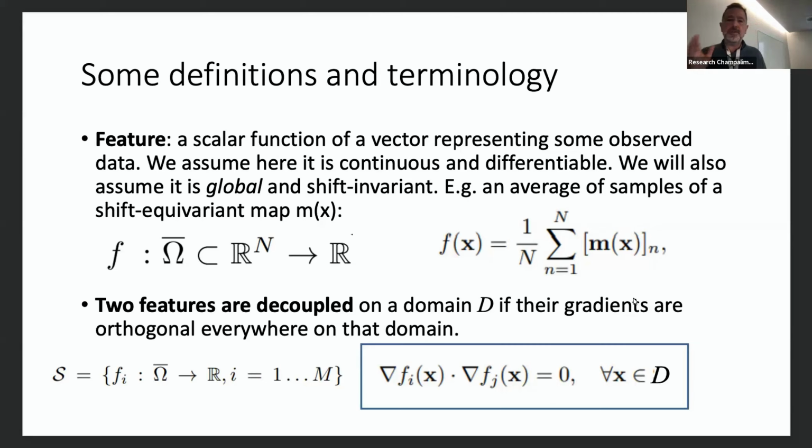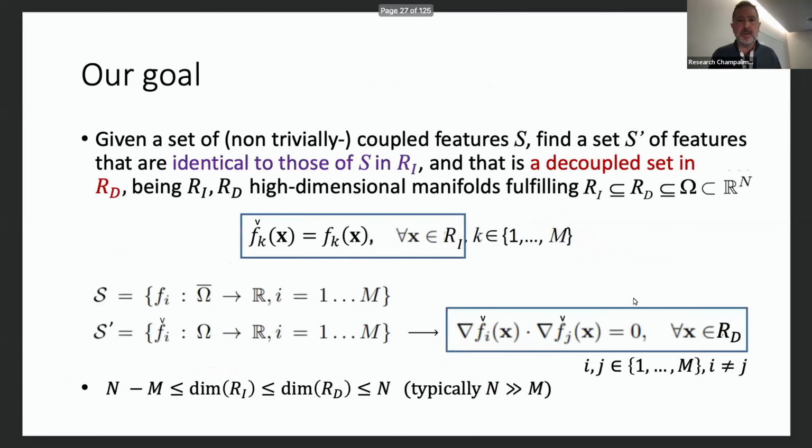So you can see that this is very different to what some people think when you say decoupling. They think about principal component analysis or some statistical transformations, right? This is a purely algebraic concept. So our goal is, given a set of non-trivial, I'm not going to define what is non-trivial, but it is intuitive.